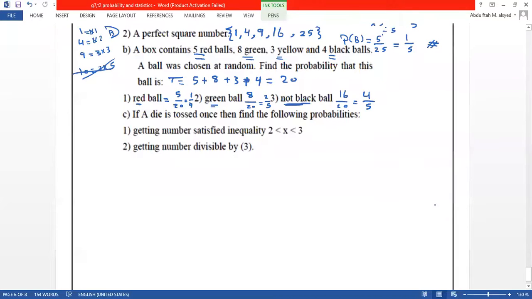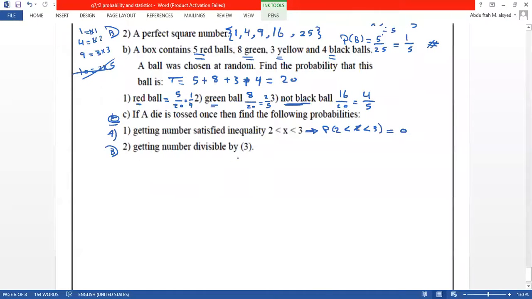Okay. The last problem: if a dice is tossed, find the probability of getting a number, let this be A and this be B, satisfying the inequality. So there is no fraction on the dice, so the probability of x greater than 2 and smaller than 3 equals 0.